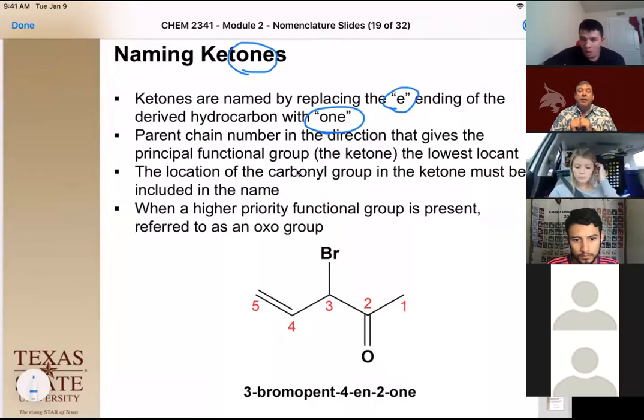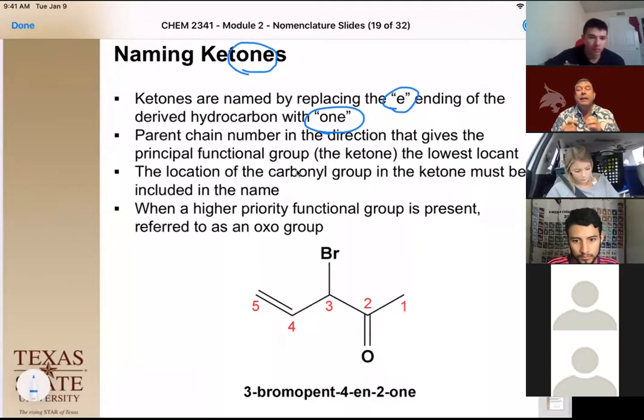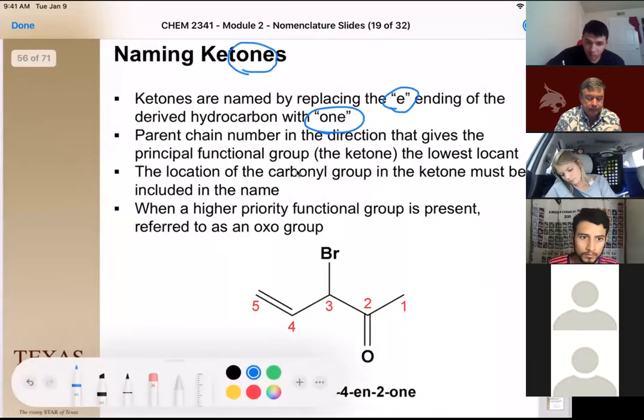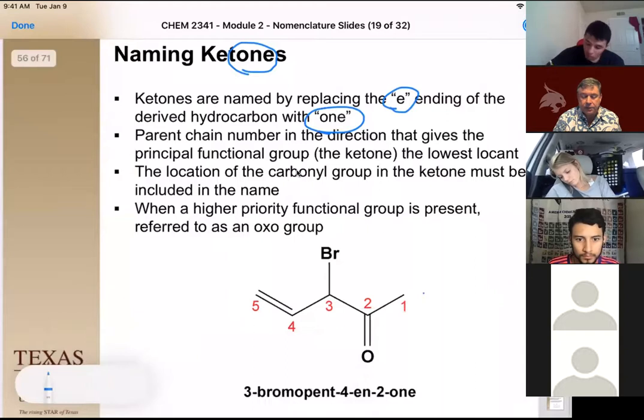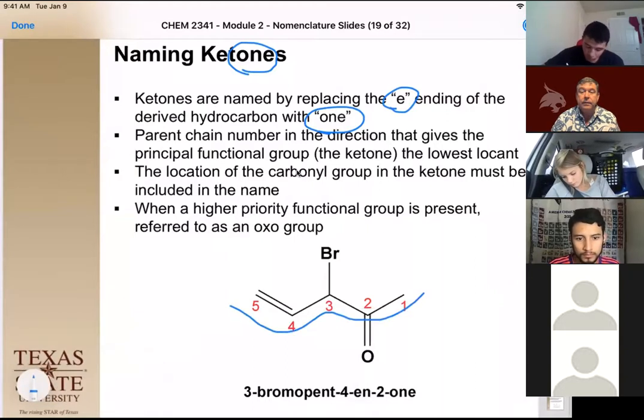Now, we do the same thing where we try to put the ketone at the lowest number possible, but it can never be at number 1 because you have 2 carbons bonded to that carbonyl. So it's very common for your ketone to be at 2 or higher, okay? So what we'll do is we will take the longest chain containing the ketone carbon right here, and we'll start numbering from that way.